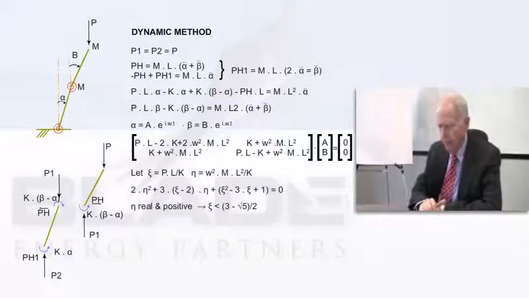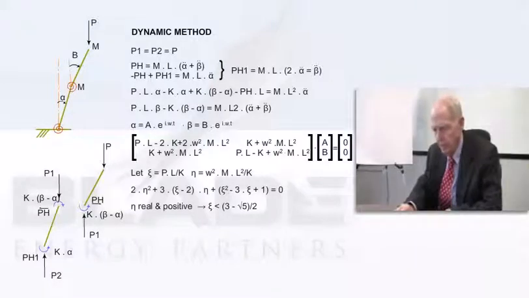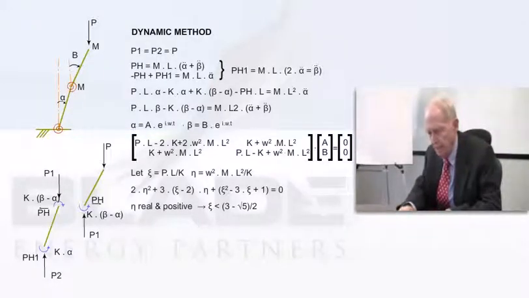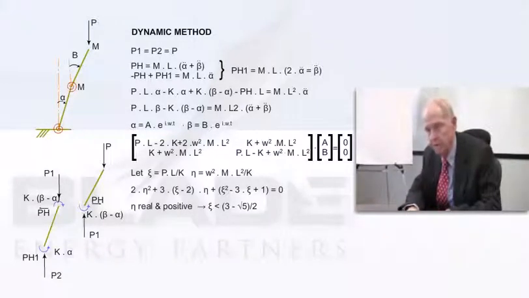That looks like that's about the 4th and 5th equations on that slide, and you do what you do with these linear constant coefficient differential equations. You say alpha is a e to the I omega t and beta is b e to the I omega t.